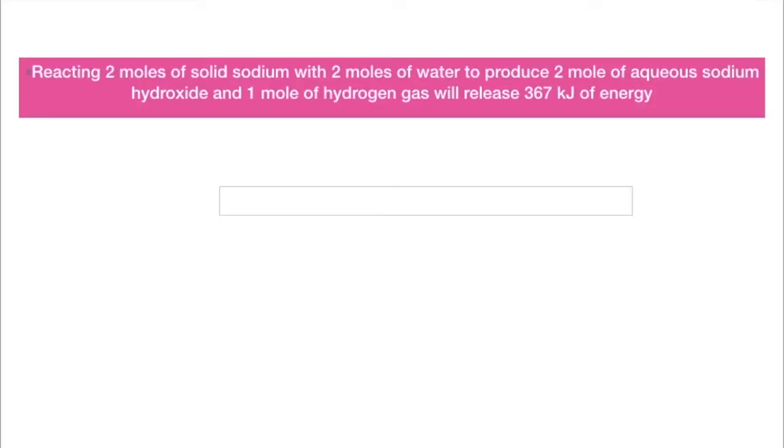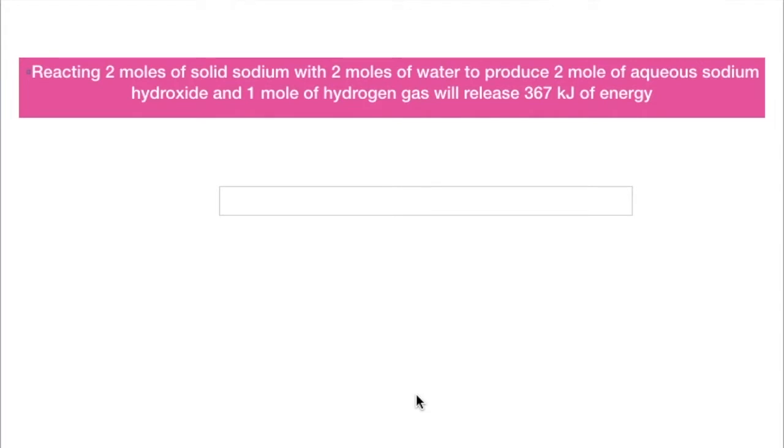The first example says, reacting 2 moles of solid sodium with 2 moles of water to produce 2 moles of aqueous sodium hydroxide and 1 mole of hydrogen gas will release 367 kilojoules of energy. So the way you're going to write it down, just write the whole thing as you normally would.